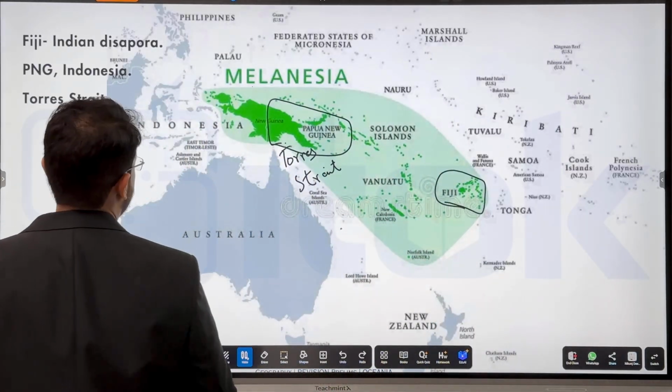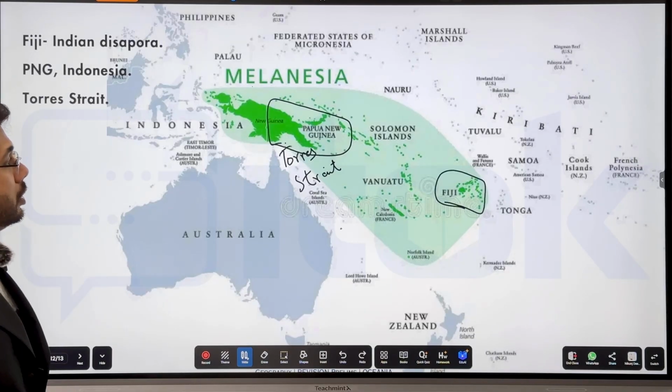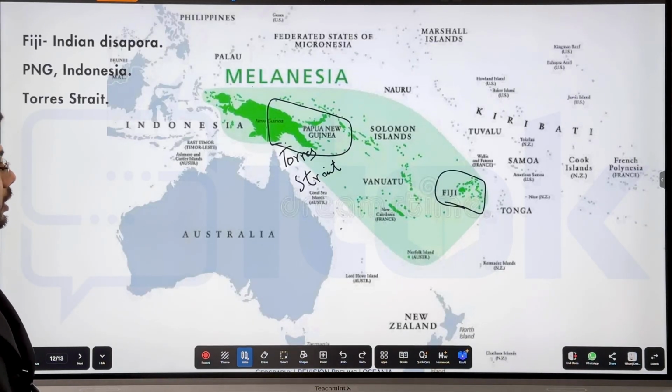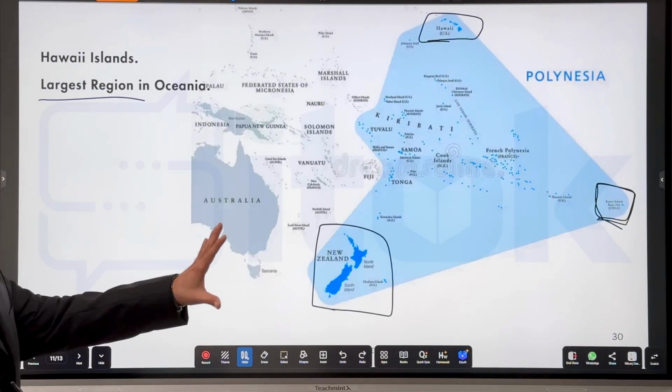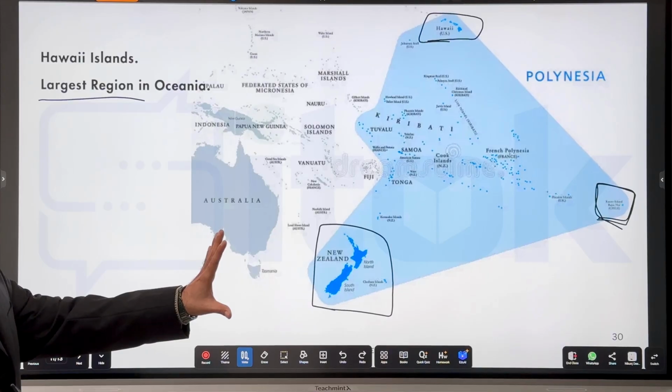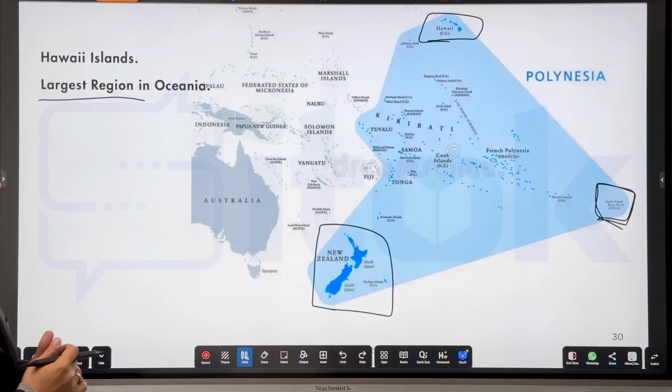And that is it. But one thing I would still say is, let me get back over here. Hawaii Islands, New Zealand, and perhaps East Timor Islands are present over there.